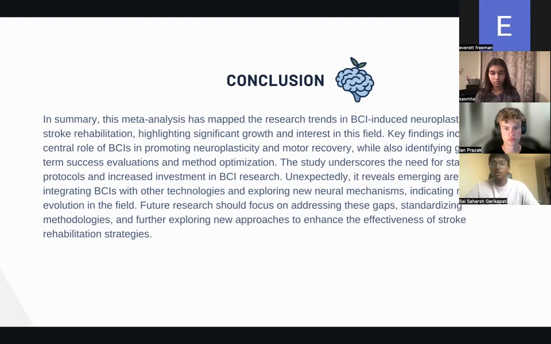This study underscores the need for standardized protocols and increased investment in BCI research. Unexpectedly, it reveals emerging areas like integrating BCIs with other technologies and exploring new neural mechanisms, indicating rapid evolution in the field. Future research should focus on addressing these gaps, standardizing methodologies, and further exploring new approaches to enhance the effectiveness of stroke rehabilitation strategies.